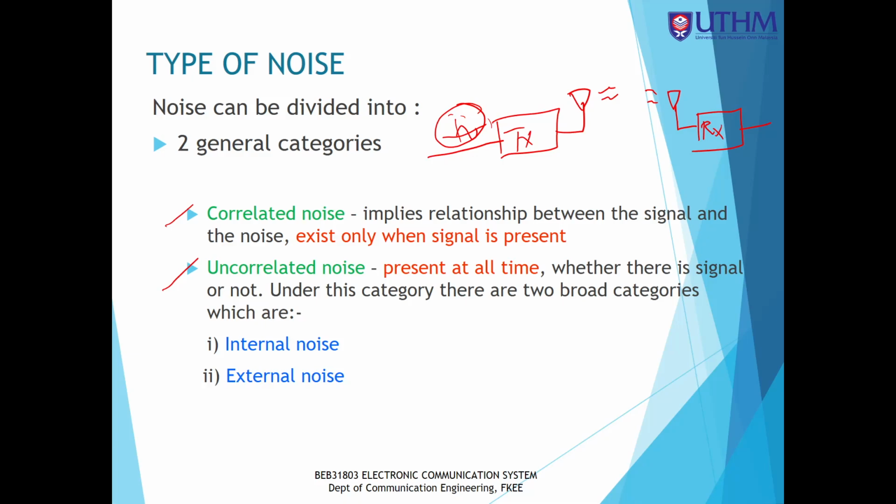Tak kira sama ada input signal ataupun tidak, uncorrelated noise still exists. It can be divided into internal noise, which is generated within the transmitter and receiver, and external noise, which is generated from outside of the transmitter and receiver, which is within the medium.